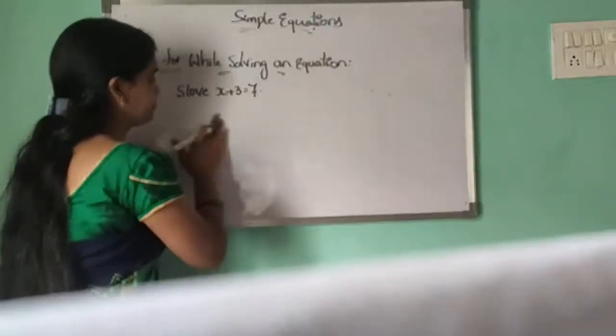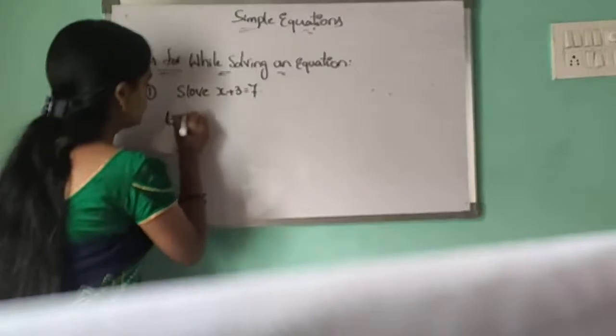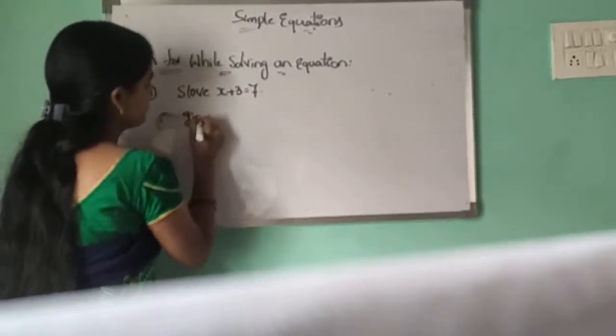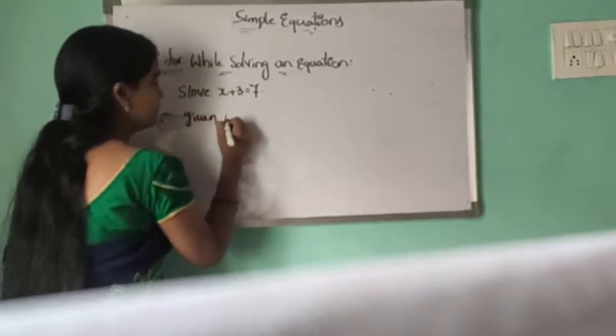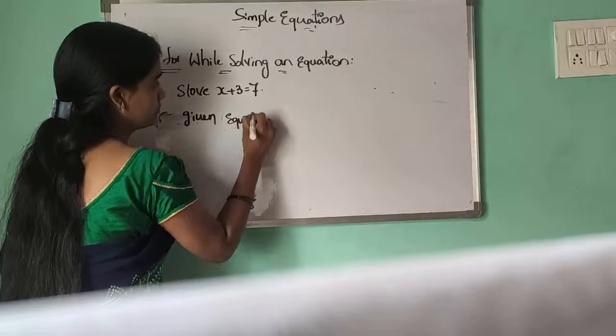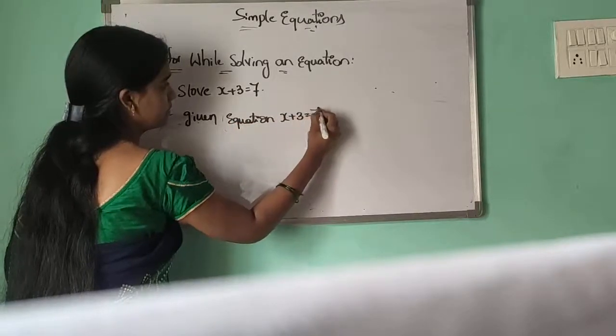Let us see. The given equation is x plus 3 equal to 7.